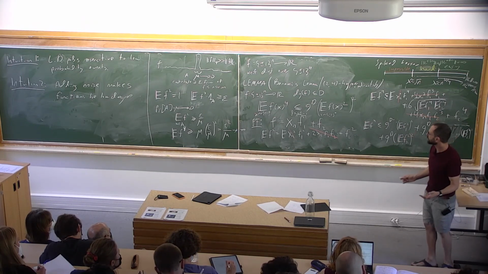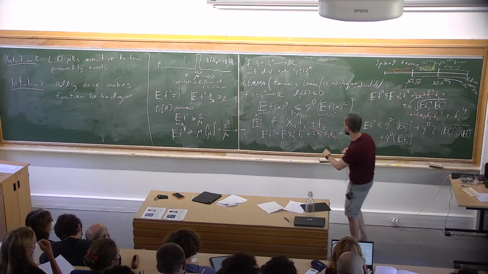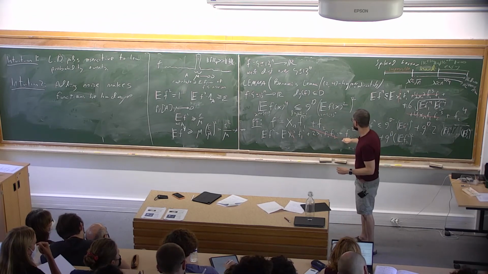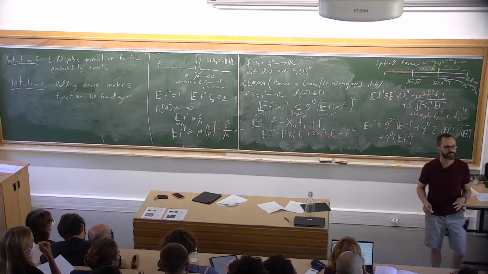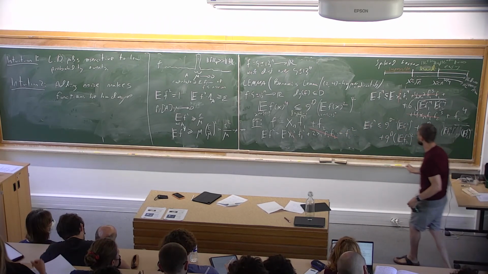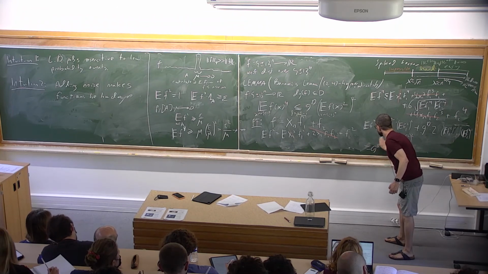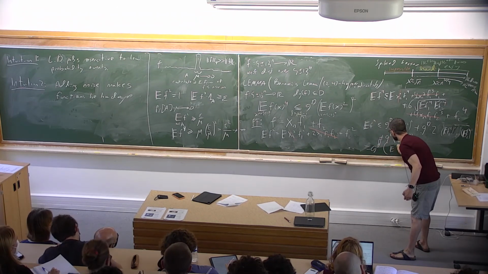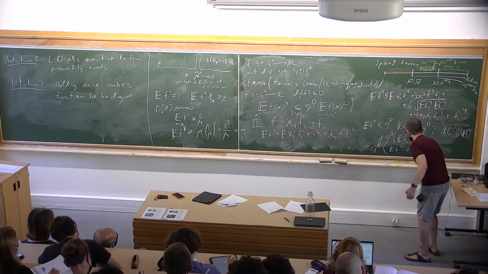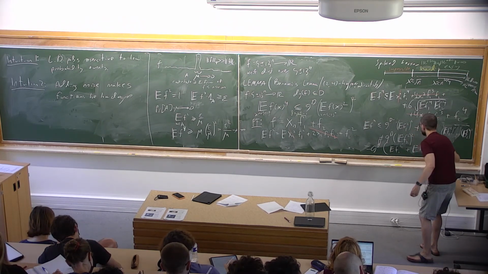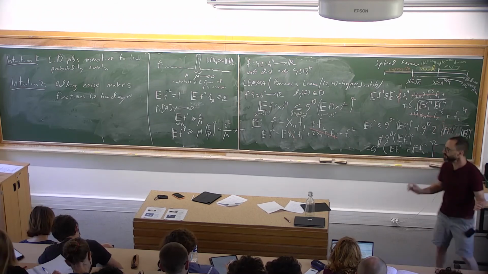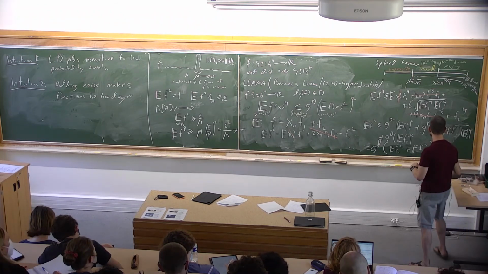So this is exactly 9 to the d times the expectation of f1 squared plus the expectation of f2 squared, all of that squared. Which is exactly what we wanted to prove.